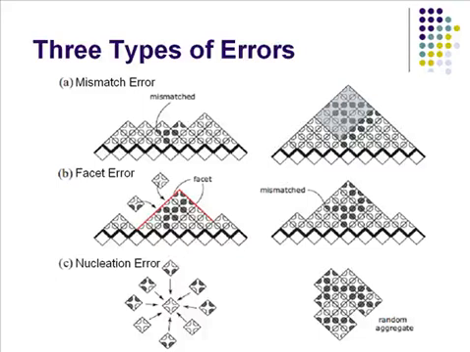So it also contains some mistake in the calculation. And the third one is a nucleation error. Here, we want the growth only from the initial structure, but this is a spontaneously started growth. So this should be avoided.